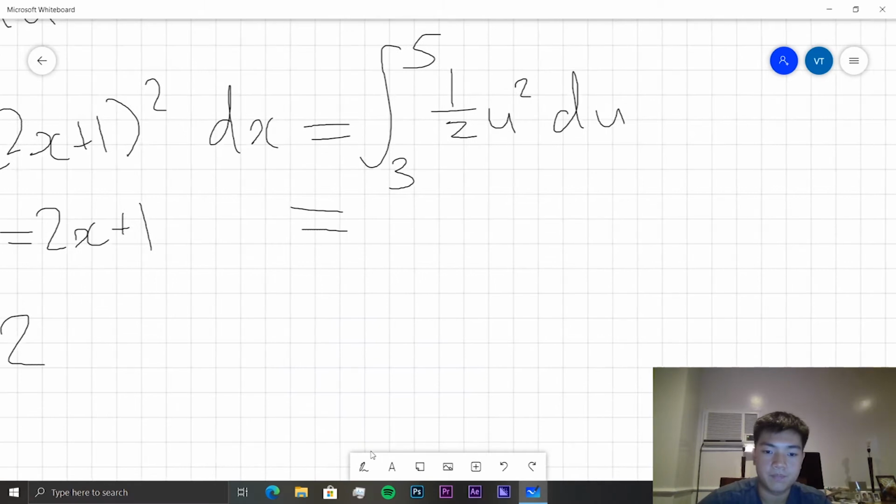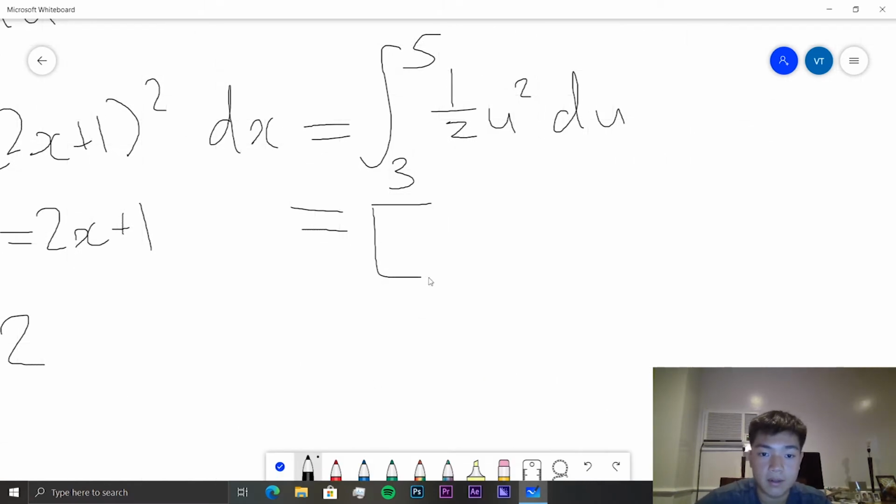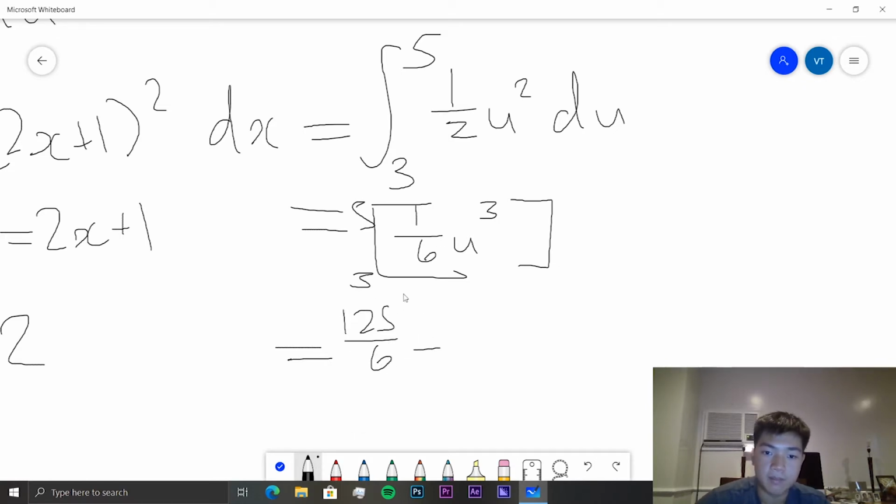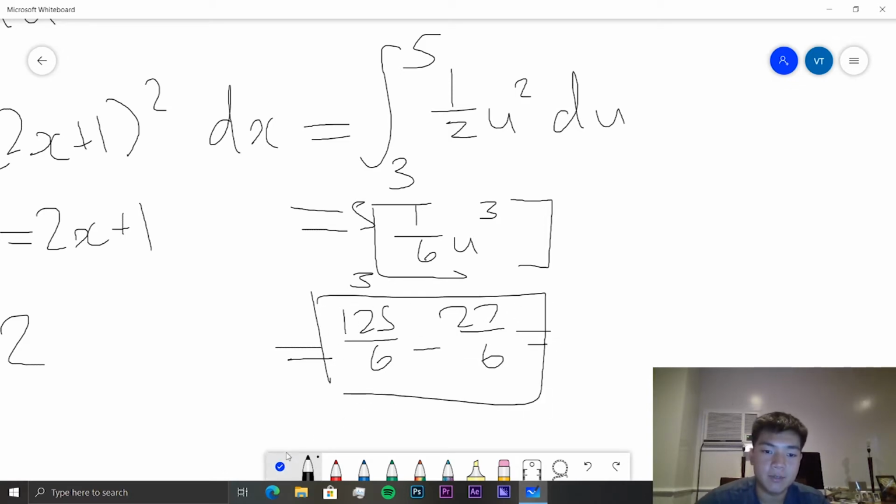So now we get the 5 and 3 of 1/6 u cubed. And so this is simply equal to 125 over 6 minus 27 over 6. And this will give the exact same answer as if we converted the resulting thing back into x. So we can use that as a sort of shortcut.